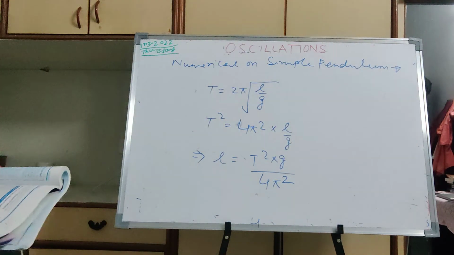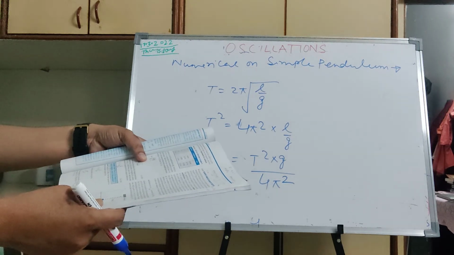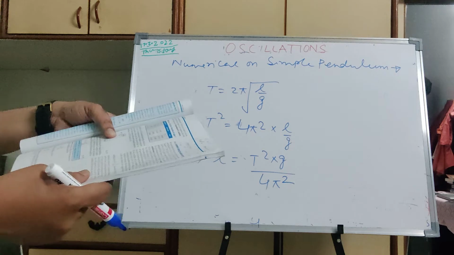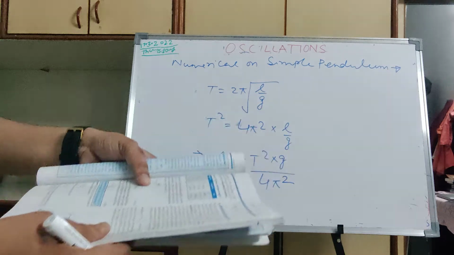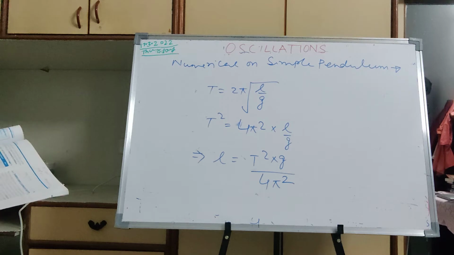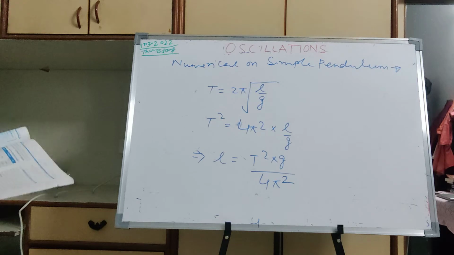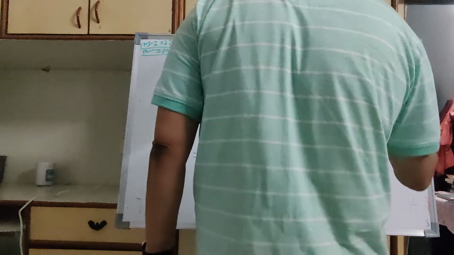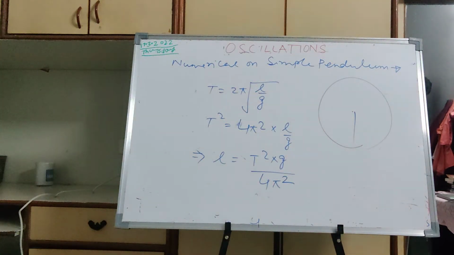So the question is, what is the length of a simple pendulum which ticks seconds? In this case, the time period of a simple pendulum which ticks seconds is 2 seconds. You know, in your clock you have a pendulum.